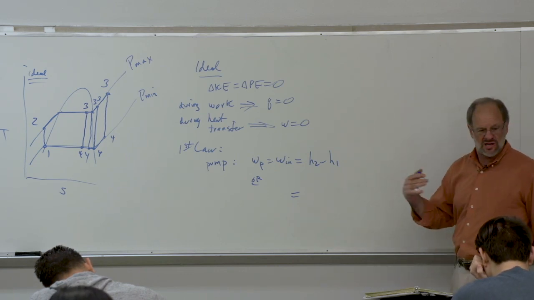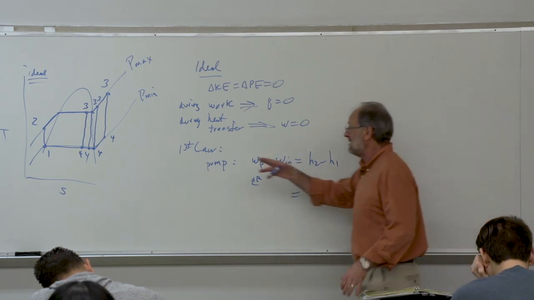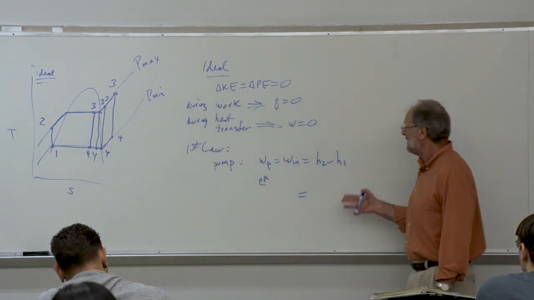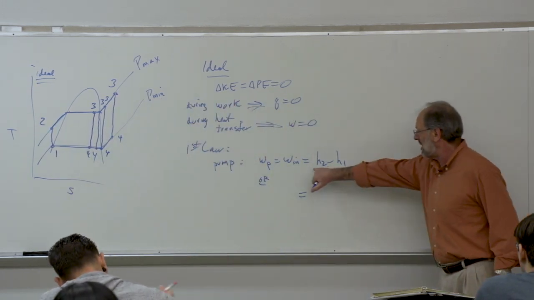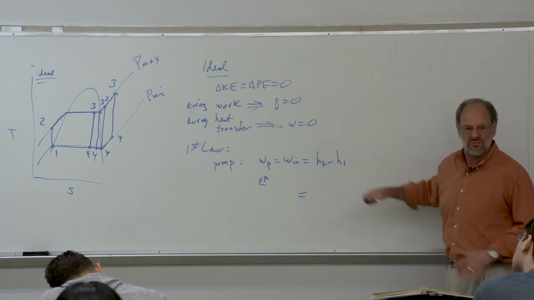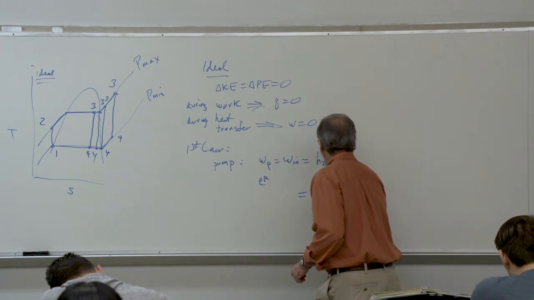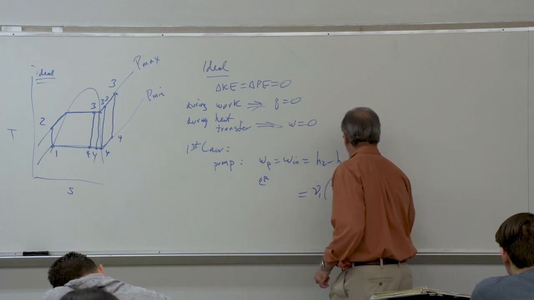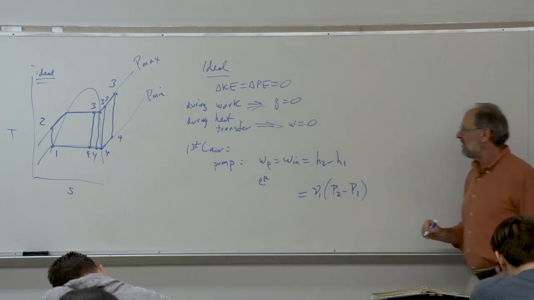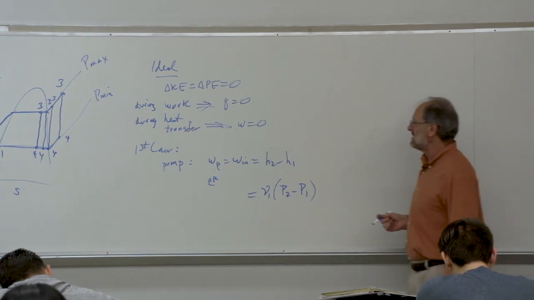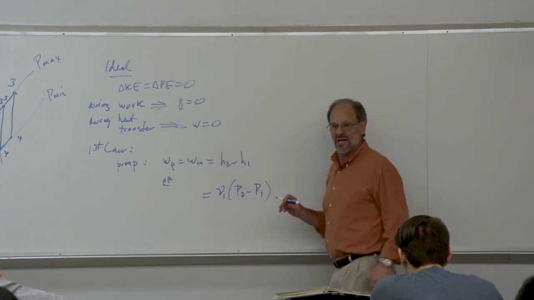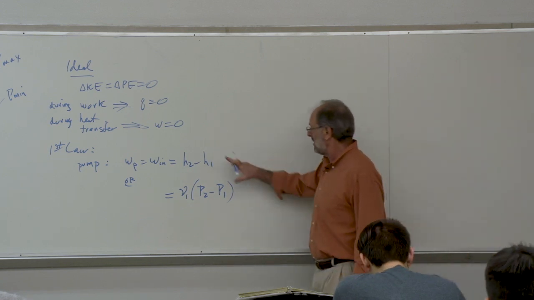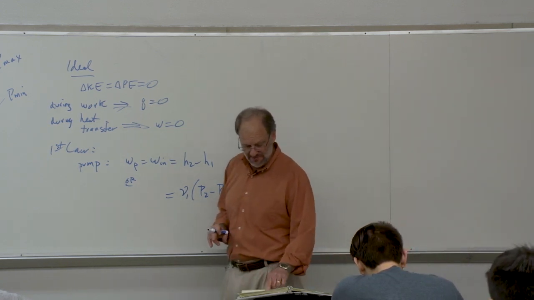It also shows that when we have a liquid, and certainly this is a liquid, as we go from point 1 to point 2, for the ideal case, not only is the pump work equal to the enthalpy change, but it's also equal to the specific volume at the inlet to the pump times the pressure change. So you can actually use either of these processes, but again, for the ideal case only. So that's how we're going to calculate the pump work using either one of these two equations.